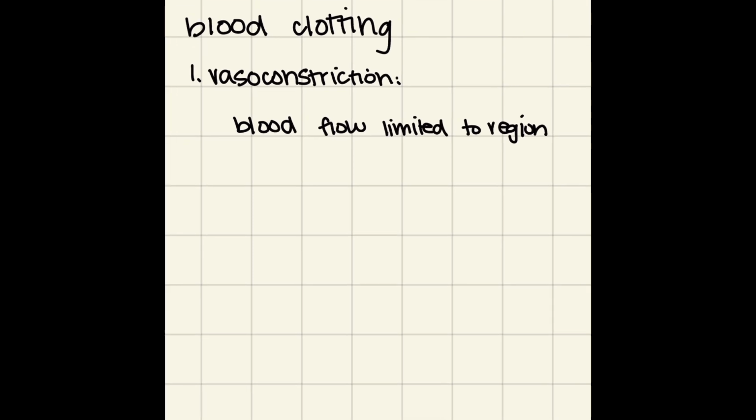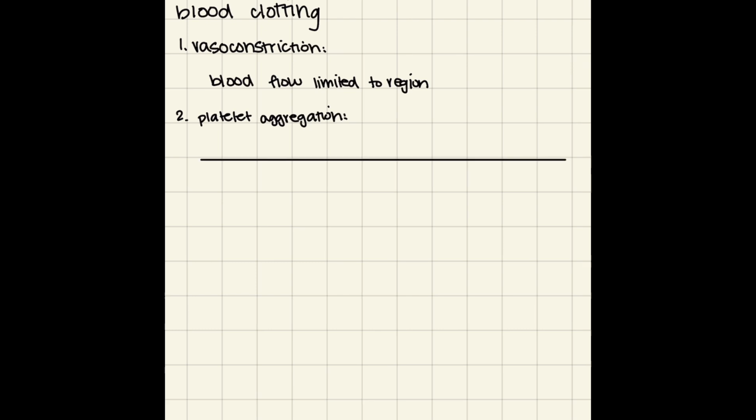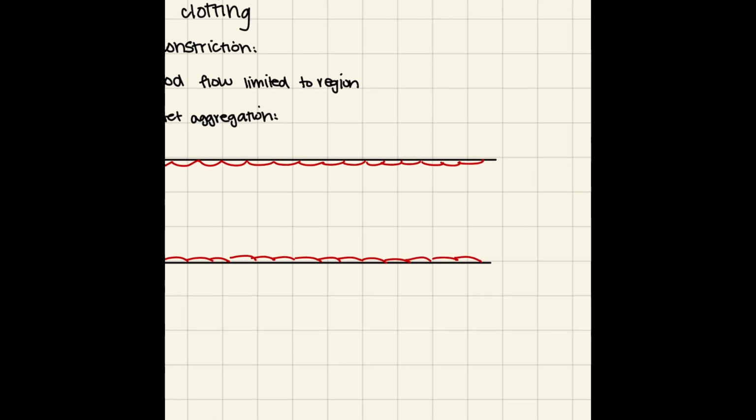vasoconstricting. Then we have a platelet plug that's made, and we call that platelet aggregation. And this one's a little bit more complicated than just one simple phrase. So I'm going to draw a capillary, arteriole, whatever you want to call it. It doesn't really matter. And it's lined with endothelial cells, which are specialized epithelial cells that line cavities.